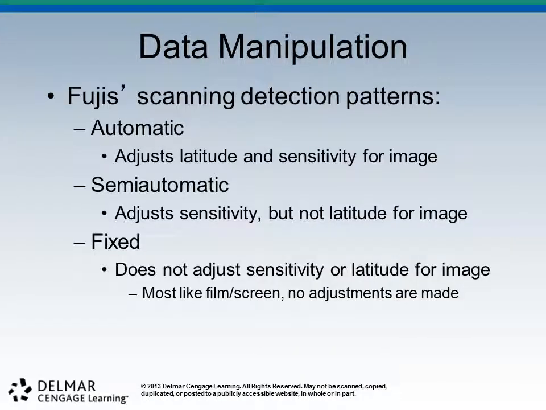All right, different ways that these things scan. Fuji automatically will adjust these things. Ours are on fixed, right? We don't want to adjust the sensitivity or latitude. We do that on purpose so that you guys can see what your changes make.